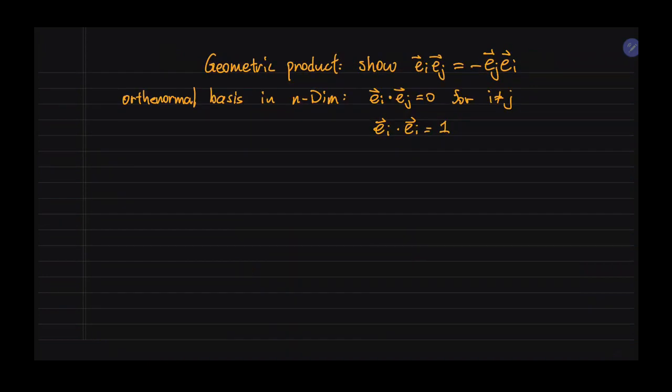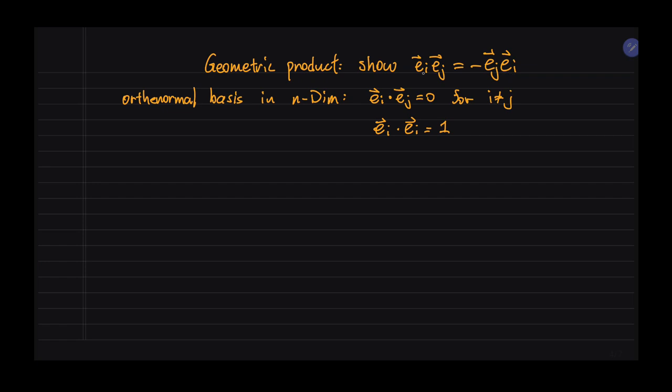In this slide, we will show that when we have an orthogonal basis, or normal basis vectors, and we are using two basis vectors that are orthogonal to each other, the geometric product between them is equal to the minus sign when we swap the order of the original geometric product.